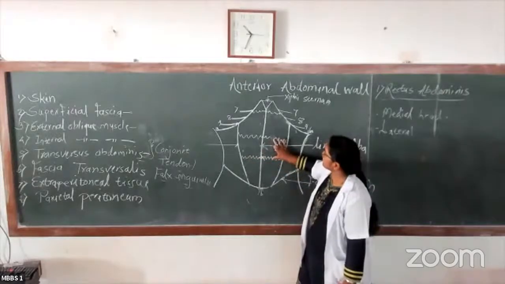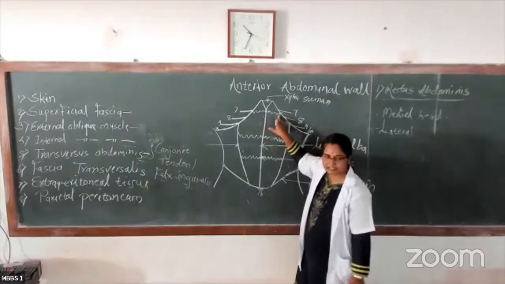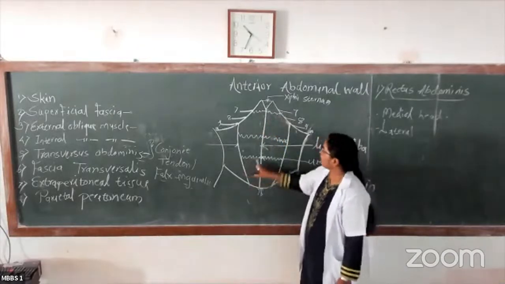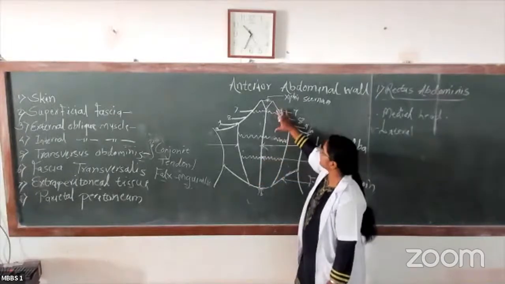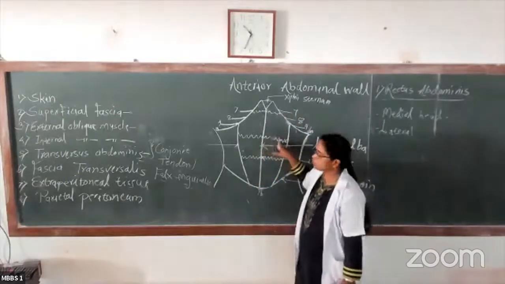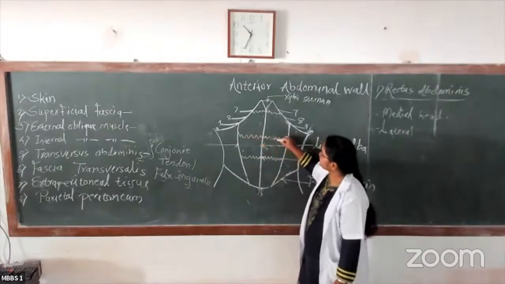These tendinous intersections are present first at the level of the xiphoid, another at the level of the umbilicus, and the third one midway between these two. They are present in a zigzag manner.